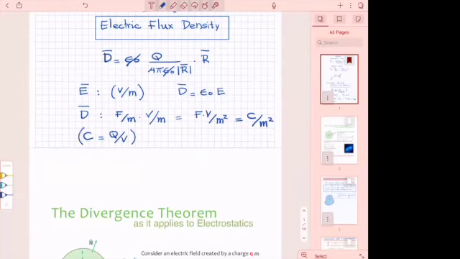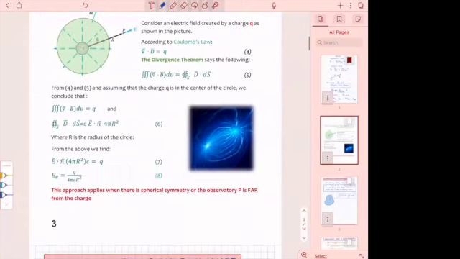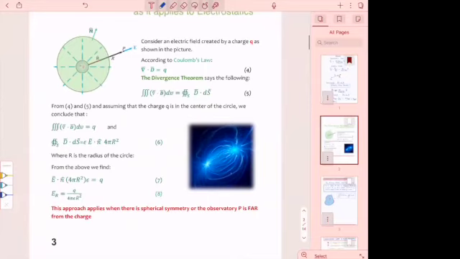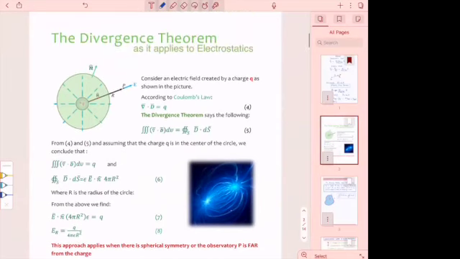Flux density is extremely important. Why is that? Because now we have a different approach, and in fact, Gauss's law.